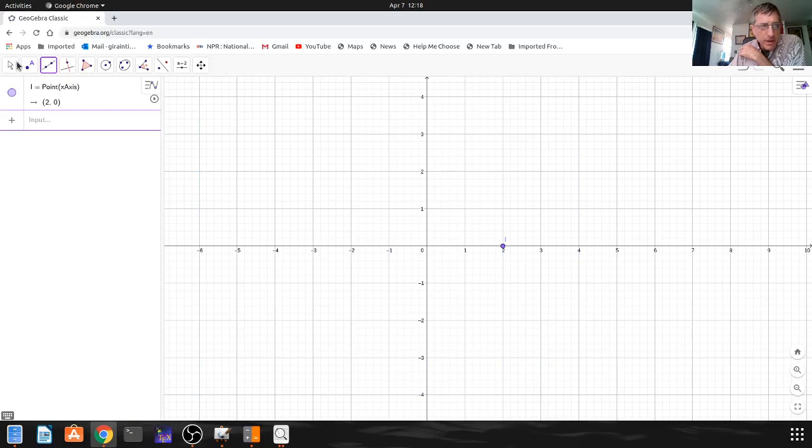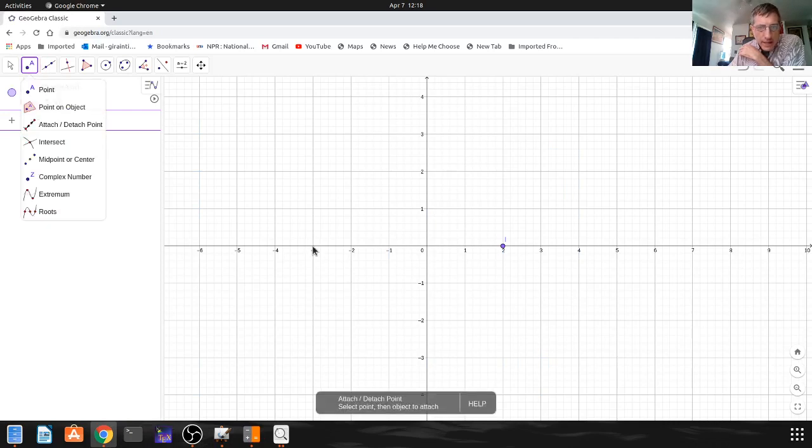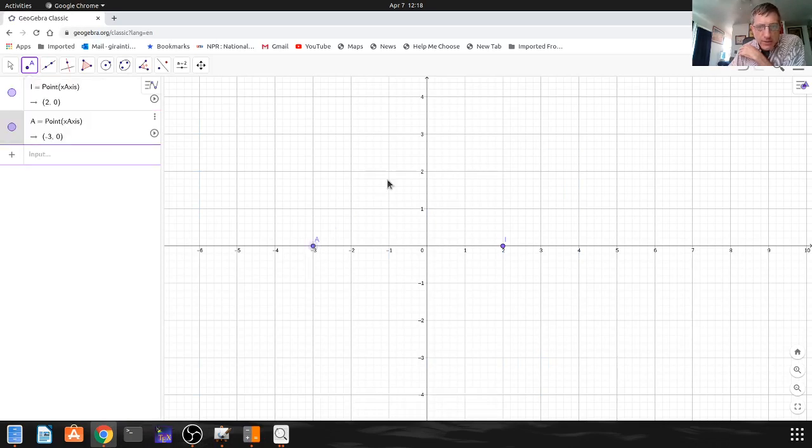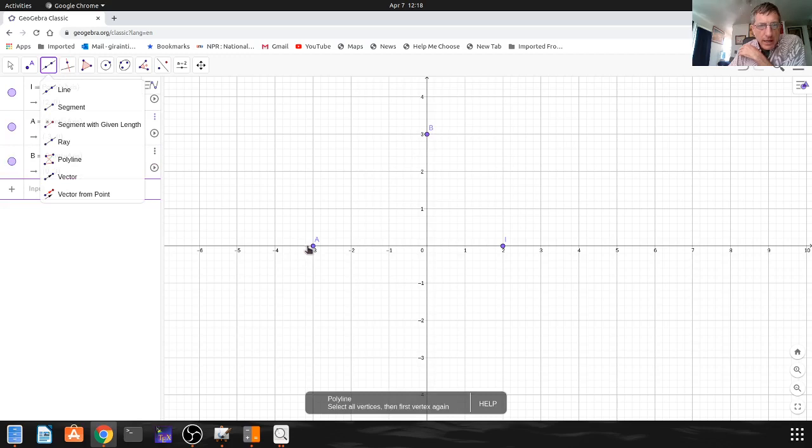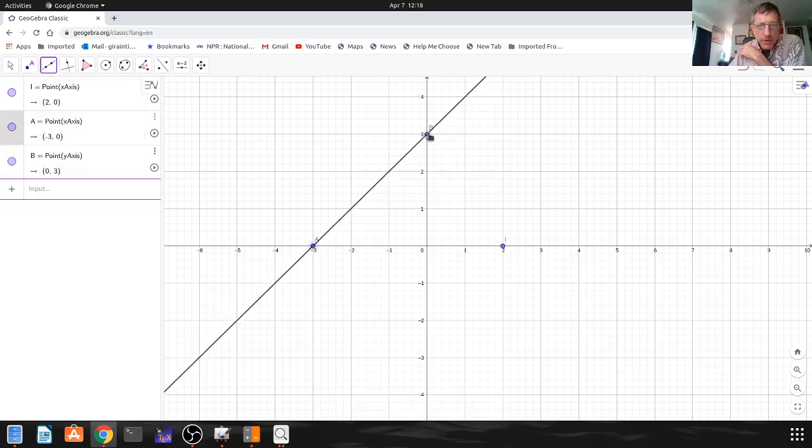So here is my x-intercept at minus 3, 0, my y-intercept at 0, 3, and I'll draw a line between both of them, and that's what it should look like, more or less. So that was the graph of 2b.